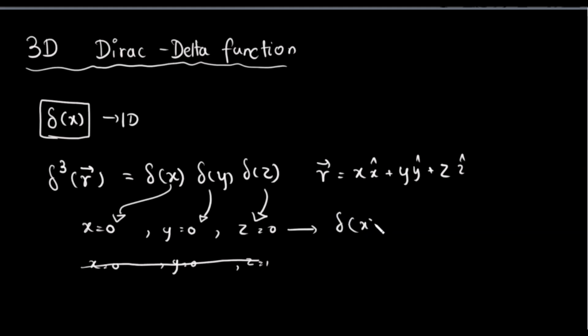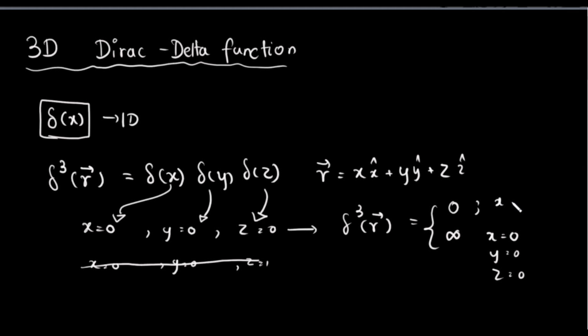So the delta function delta cube r has a value only when x equals 0, y equals 0, and z equals 0. Otherwise it would be 0.